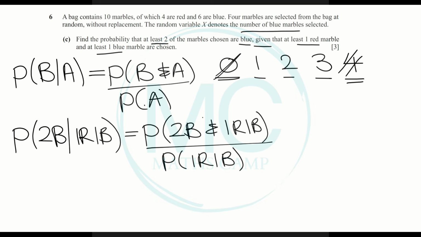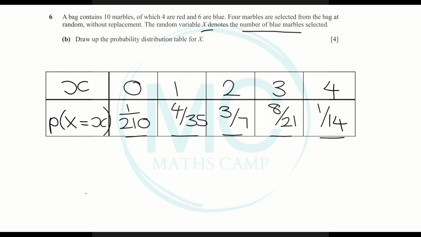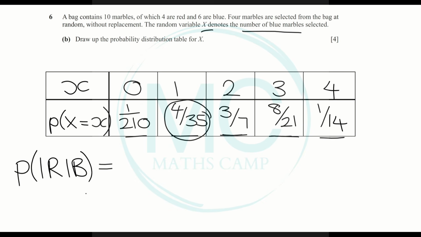For this question, we can use our answer from part B to help us. So let's quickly look at our distribution table. We've already found the probability of 1 blue marble, 2 blue marbles, and 3 blue marbles. So to find the probability, let's write this over here, of at least 1 red marble and at least 1 blue marble, all we need to do is add these 3 probabilities together.